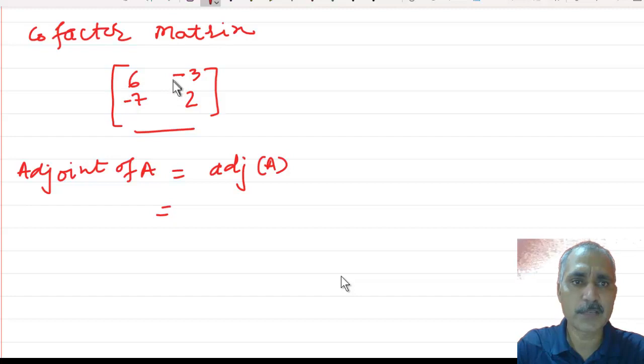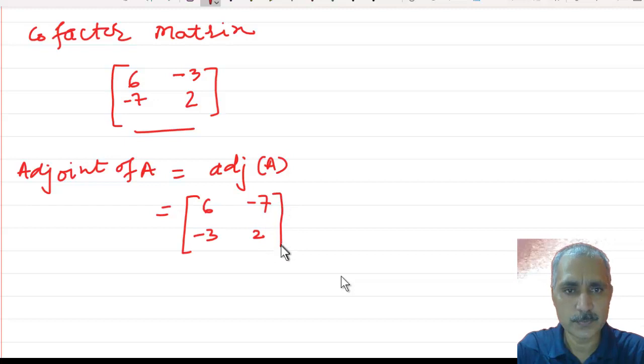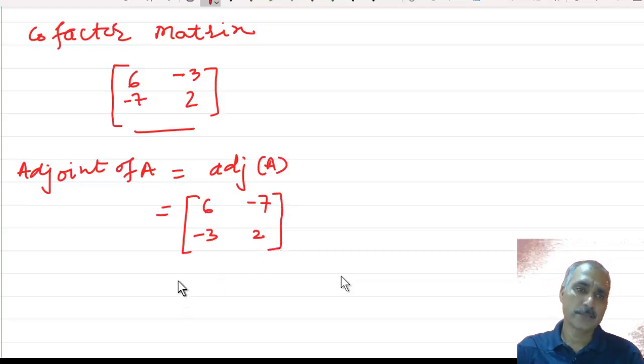So take the first row, make it the first column. This is going to be 6, minus 3. The second row will become the second column. So it is going to be minus 7 and 2. This is the adjoint of A.